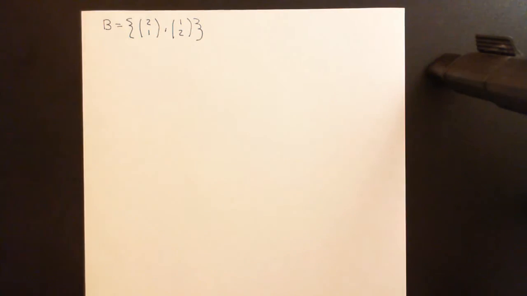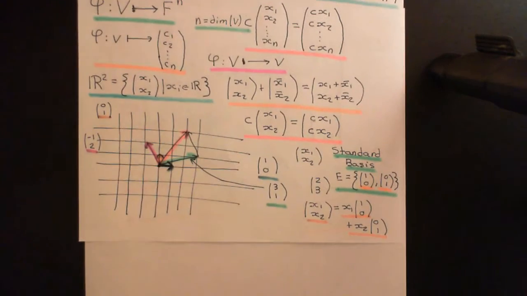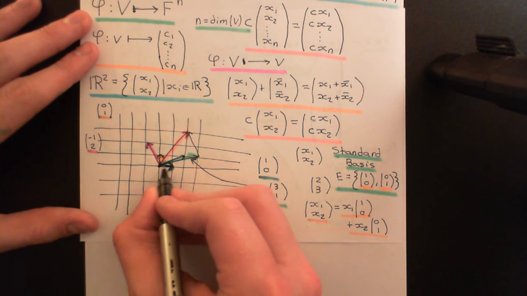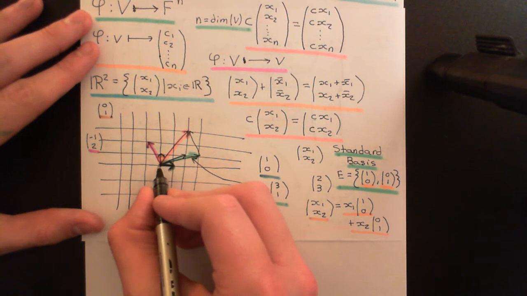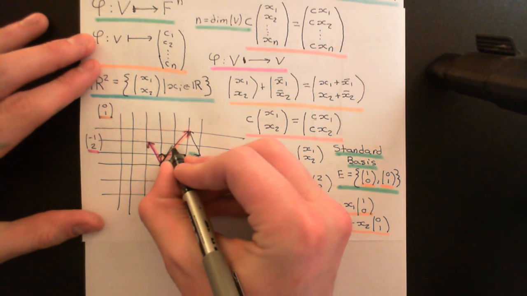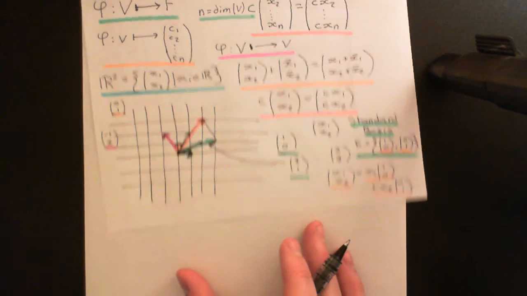In terms of our previous picture, these vectors look like this: (2, 1) would be this one if we're using the association that we had previously, and (1, 2) would be this one.